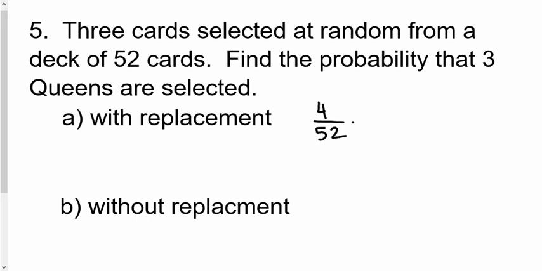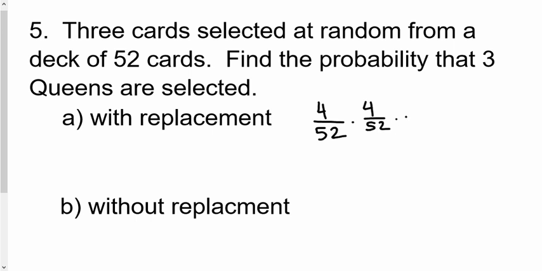Then, if we're doing this with replacement, we're going to say, oh, look, we got a queen of hearts. So we put that queen back, and we shuffle the deck, and we're going to say, okay, what's the probability now on our second draw that we get a queen? Well, there's still 4 queens, and there's still 52 cards in the deck. And we look at it, and we say, oh, look, we got a queen of clubs. Cool. We put it back in the deck, and we shuffle it.